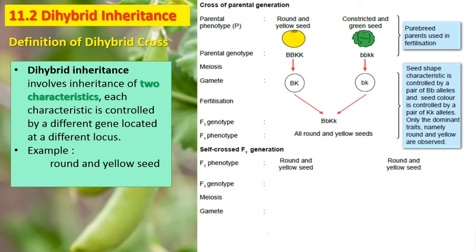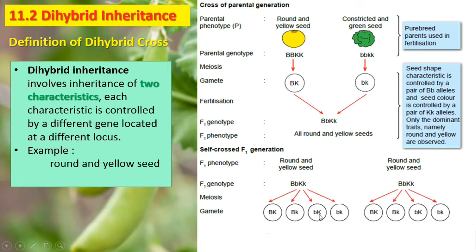So after that, the self cross between the first filial generation, same as monohybrid inheritance: round and yellow seed crossed with round and yellow seed. So we write down the genotype. Then it will undergo meiosis and produce different types of gamete from the heterozygote.